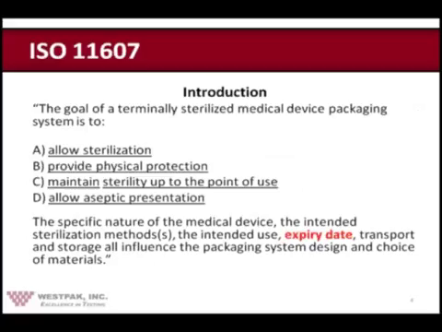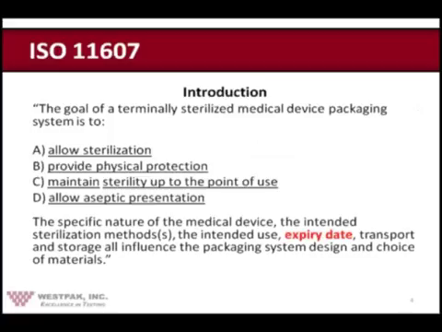And in there we read that the goal of the document is, among other things, to make sure that product and package systems have the required stability, sterility, and functionality on their expiration date as they did on their initial manufacture, packaging, and sterilization dates. And specifically, 11607 refers to that date as the expiry date.